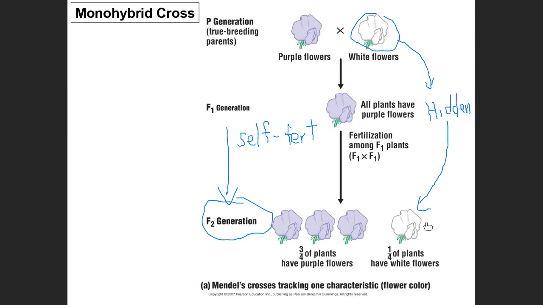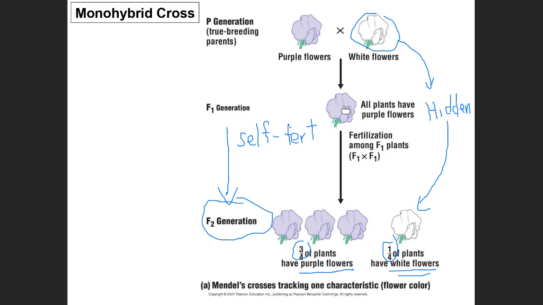And on average, what Mendel discovered is that for every 4 F2 offspring produced by one F1, on average, 3 out of 4 would produce purple flowers. Now he's counting thousands of plants, but on average, 3 out of 4 would produce purple flowers in the F2. However, 1 out of 4 would produce white flowers.